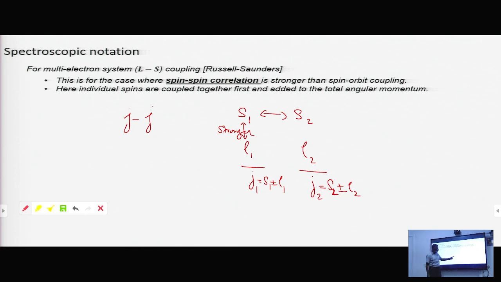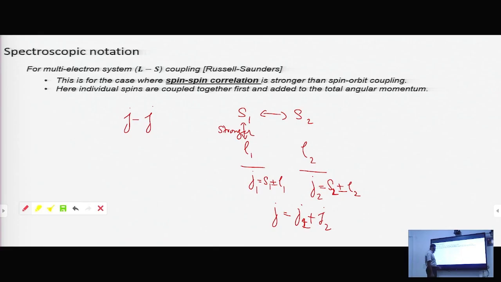So in this case, you are finding the j of each electron totally independently. For the first electron we get j1, for the second electron we get j2, and then J is j1 plus j2. That is why it is called JJ coupling, because you are coupling j and j: you find the j for each electron and then you combine them.